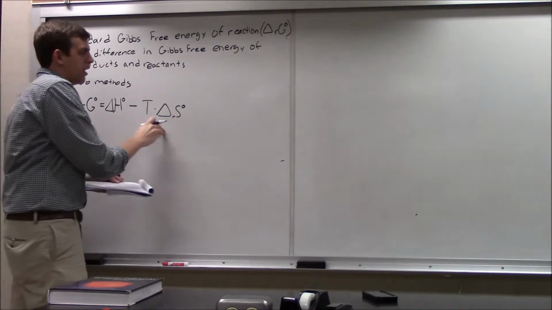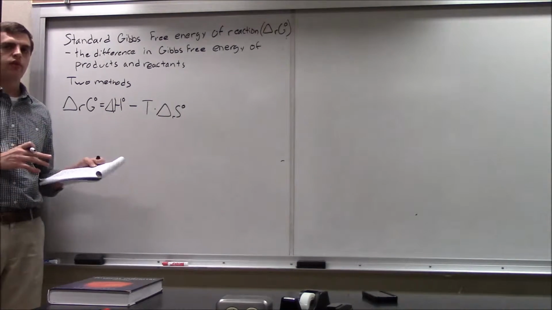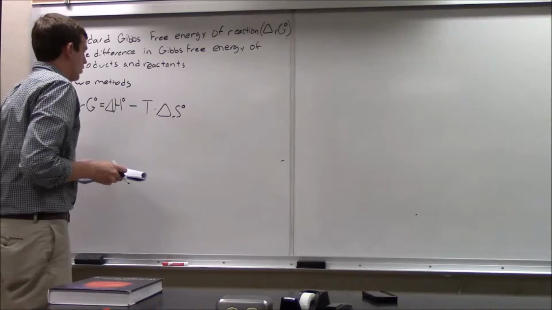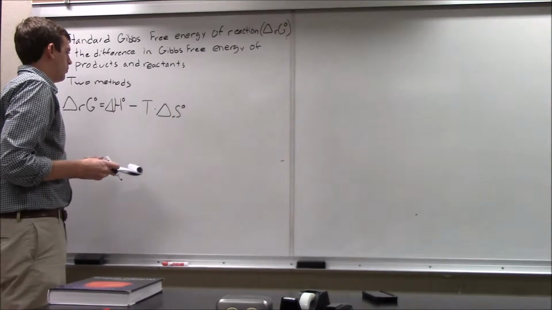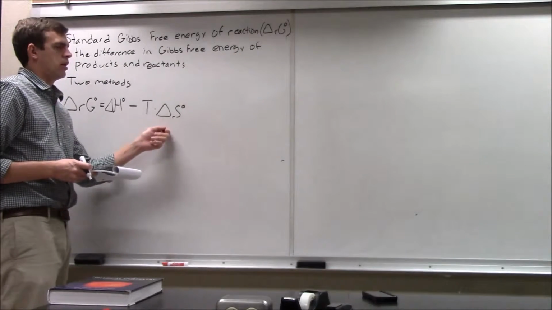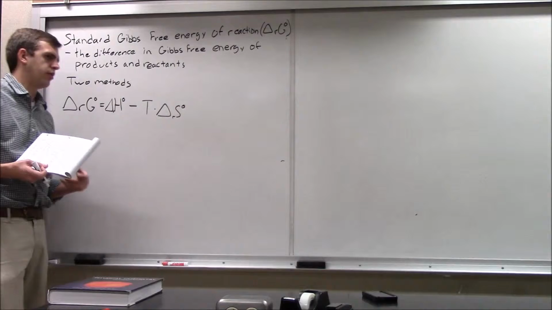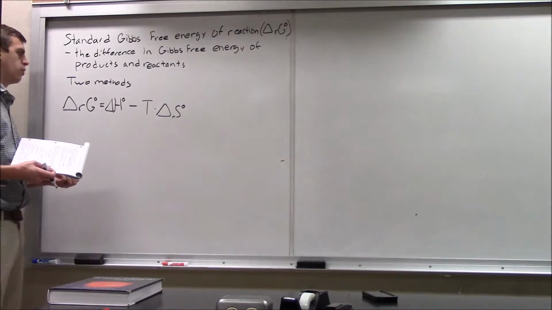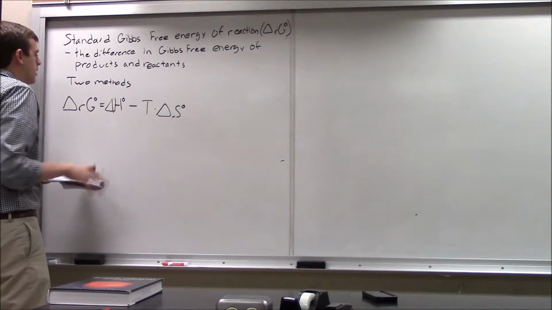Now, in class we previously discussed how to calculate both these two terms. Typically you'll need a list of enthalpies of formation or molar entropies for various products and reactants, and you calculate the sum of all those, and you get the total here.